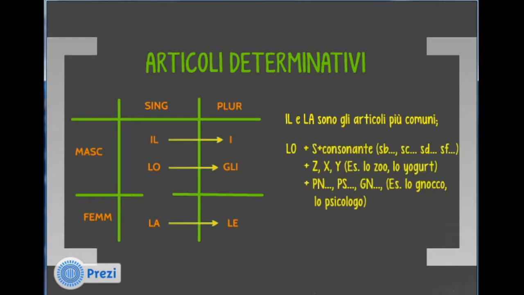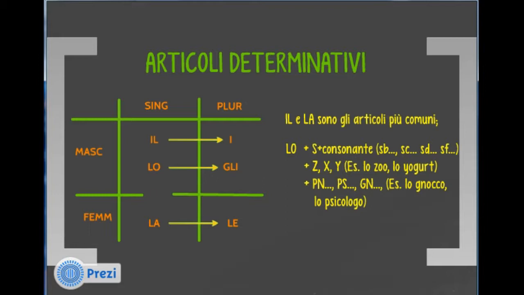We use this article with the words that begin with S plus consonant, like sb, sk, st, etc. Then with the words that begin with z, x, or y, for example, lo zoo, lo yogurt, and with the words that begin with pn, ps, and gn. For example, lo gnocco, lo psicologo.